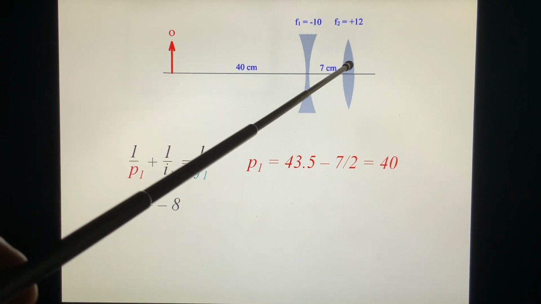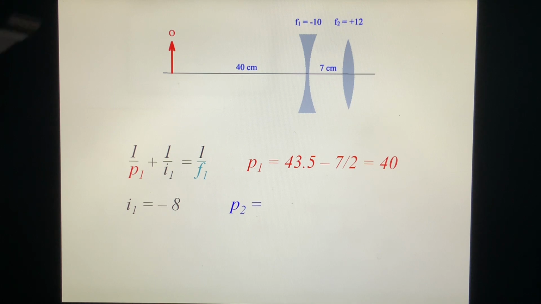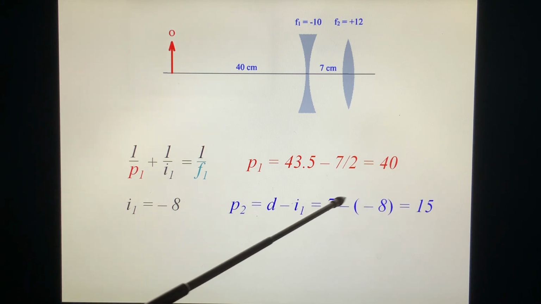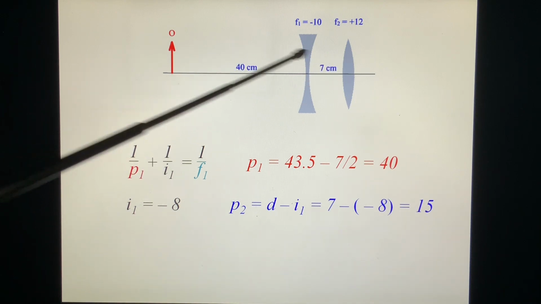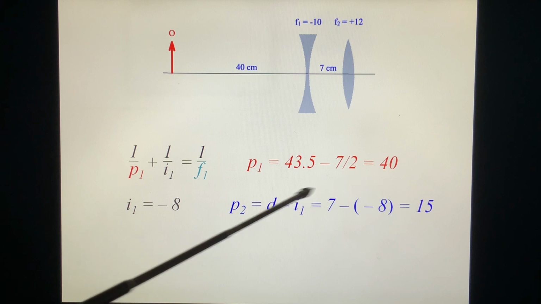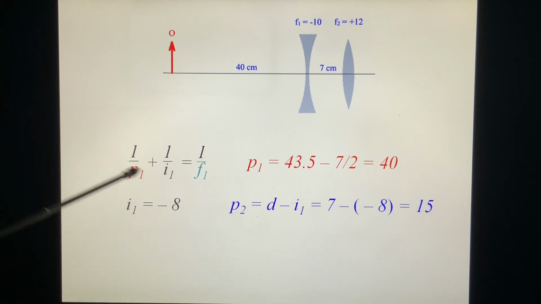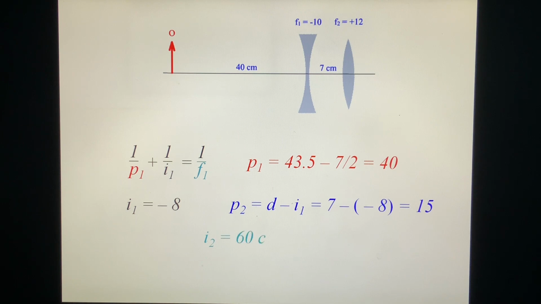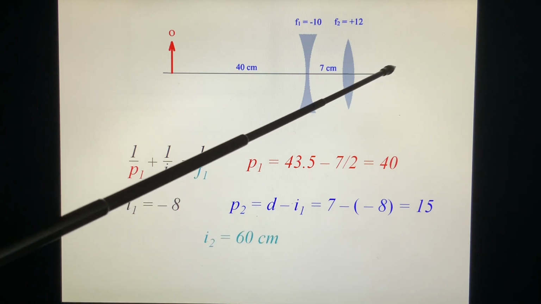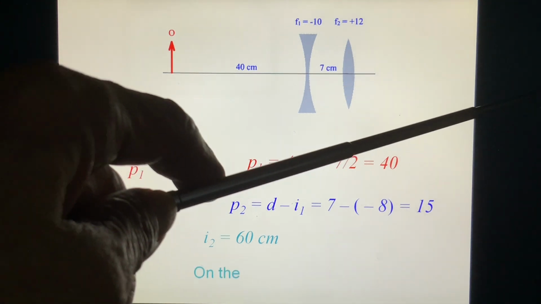So then we see the P2. P2 is equal to D minus I1. D 7 minus 15 is this one. This one go this way. And then we have P2, we have F2 is 12, and then we find I2. This one is positive. This is real side, so it's on the right side.